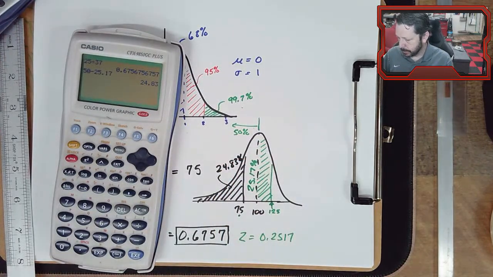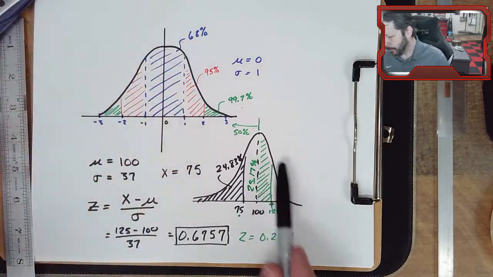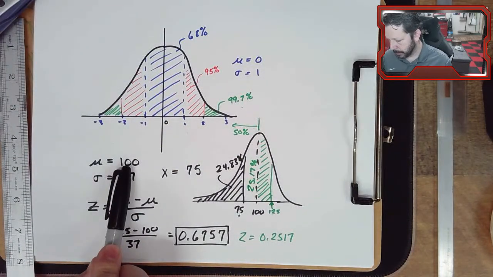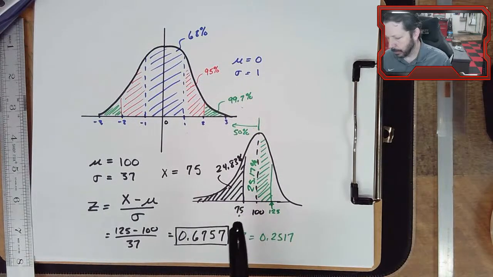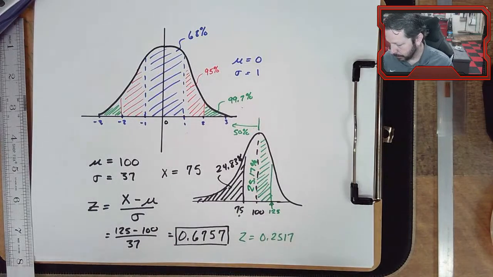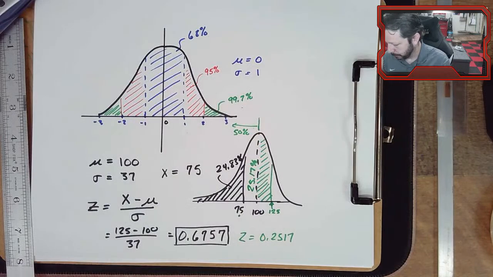So that says that there's a 24.83% chance that if I have a population with mean of 100, standard deviation of 37, a random number in that population would be 75 or smaller. There's a 25% chance of that happening.